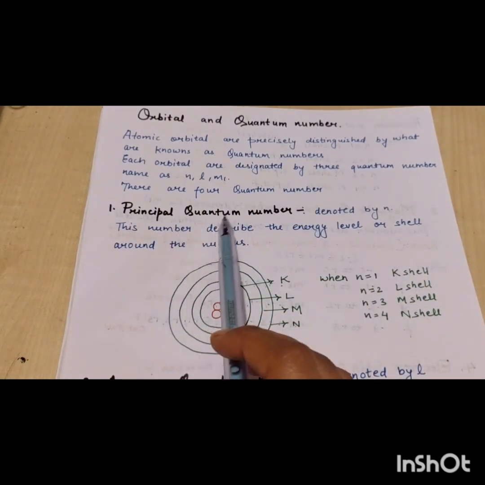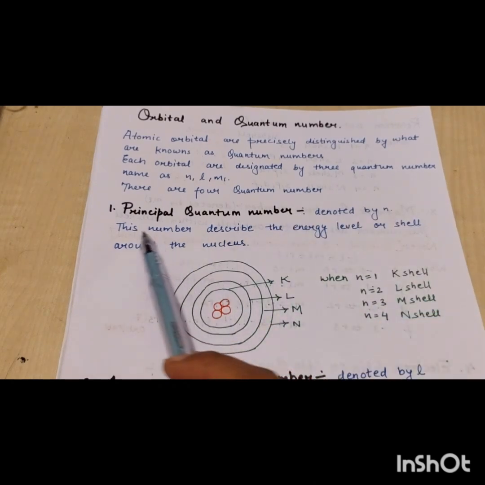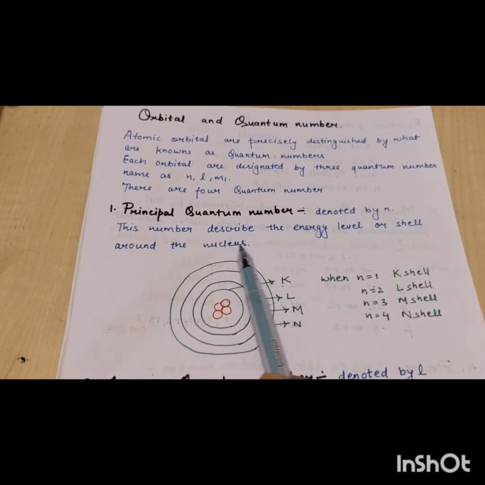First one is the principal quantum number, which is denoted by n. This number describes the energy level or shell around the nucleus, meaning how many shells are located towards the nucleus.